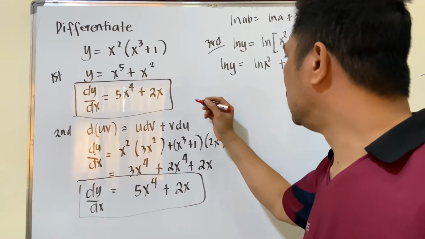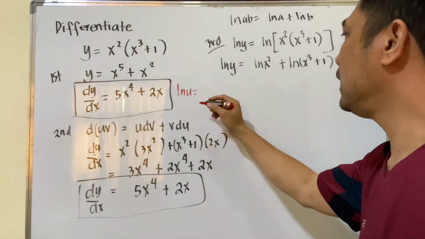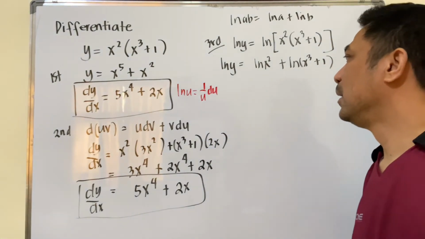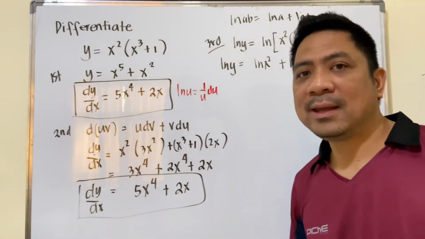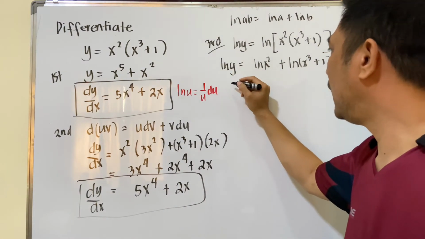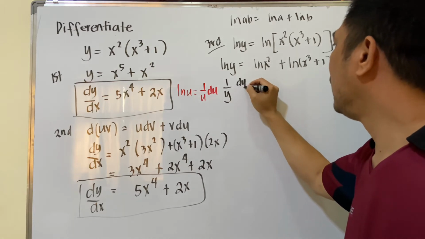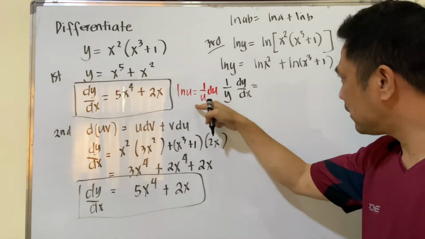If you have ln u, the differential of ln u is 1 over u du. Since you are doing implicit differentiation, the differential of ln y will be 1 over y dy over dx is equal to, let's apply this.